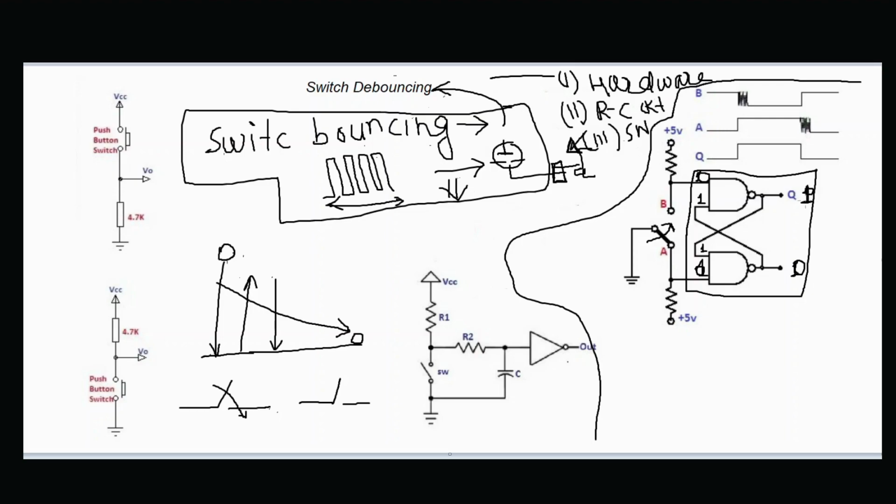So that is one very good example of hardware debouncing, because you have a 0 as a feedback. So even though this changes from 1 to 0, the output will remain the same, 1. So it will always remain the same.